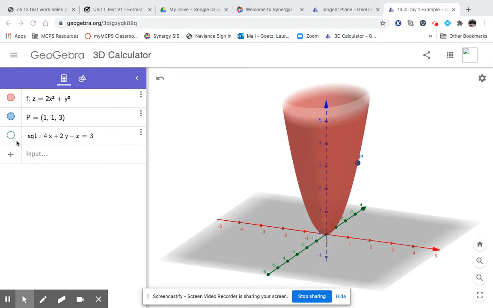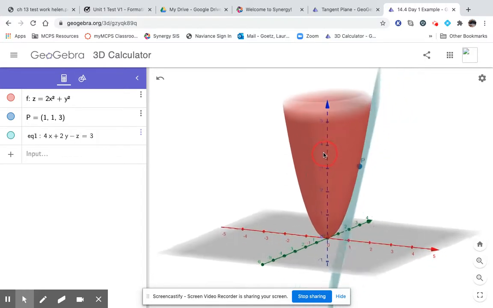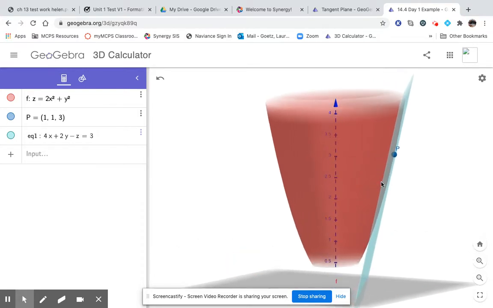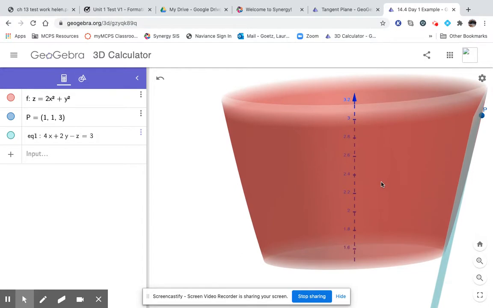Here's the equation of the plane that we just found. See the plane? And look what happens as we zoom in. That elliptical paraboloid starts to look like its tangent plane.